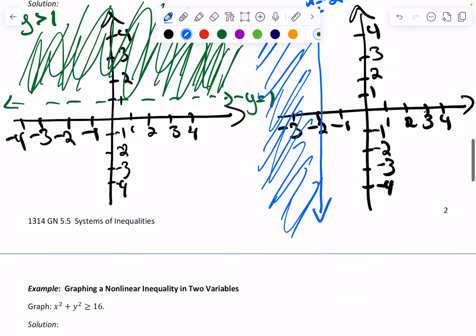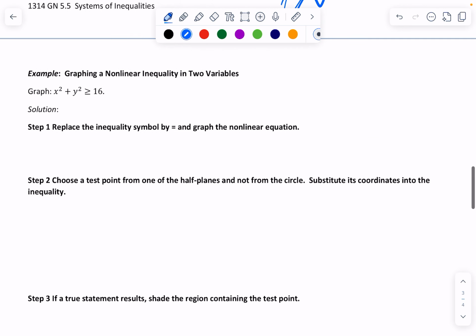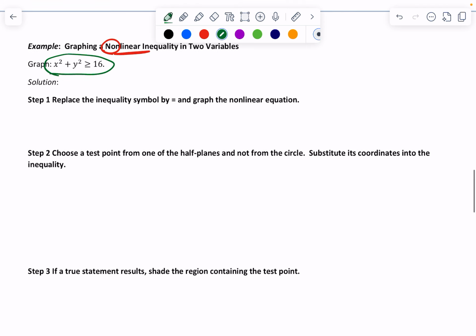Okay, next thing that we're going to look at is graphing a nonlinear inequality in two variables. So we have x squared plus y squared is greater than or equal to 16. So we're going to start with step 1, replace the inequality symbol by equals, and graph the nonlinear equation.